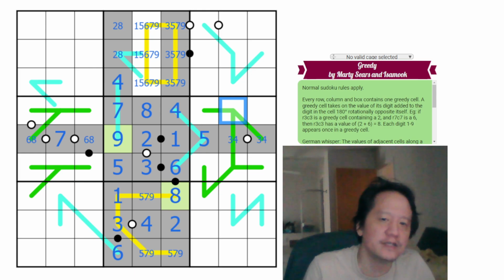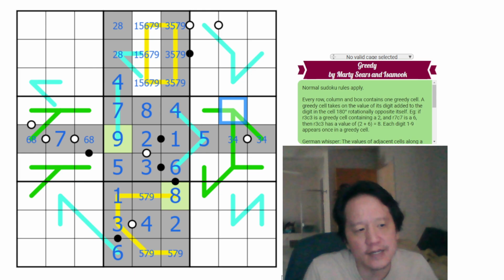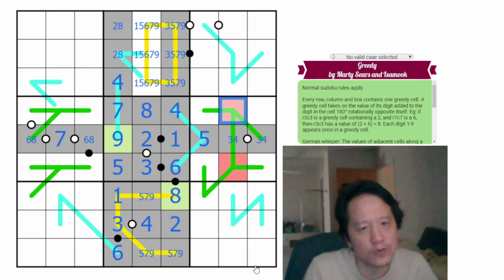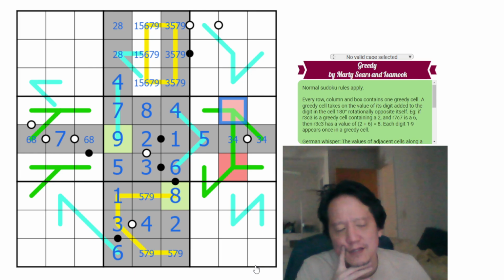So this is at least 9, or it's a greedy cell. So this is high. This has to be high. We don't know anything about these. So this is either 9 or it's a greedy cell, which adds up to at least 9.